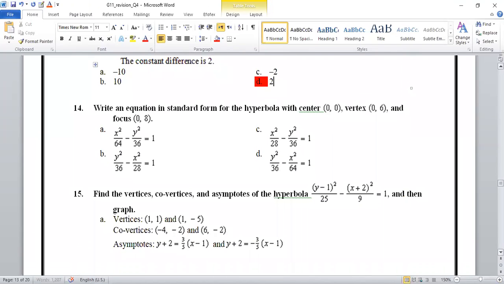Number 14: write an equation in standard form for the hyperbola with center (0, 0), vertex (0, 6) and focus (0, 8).